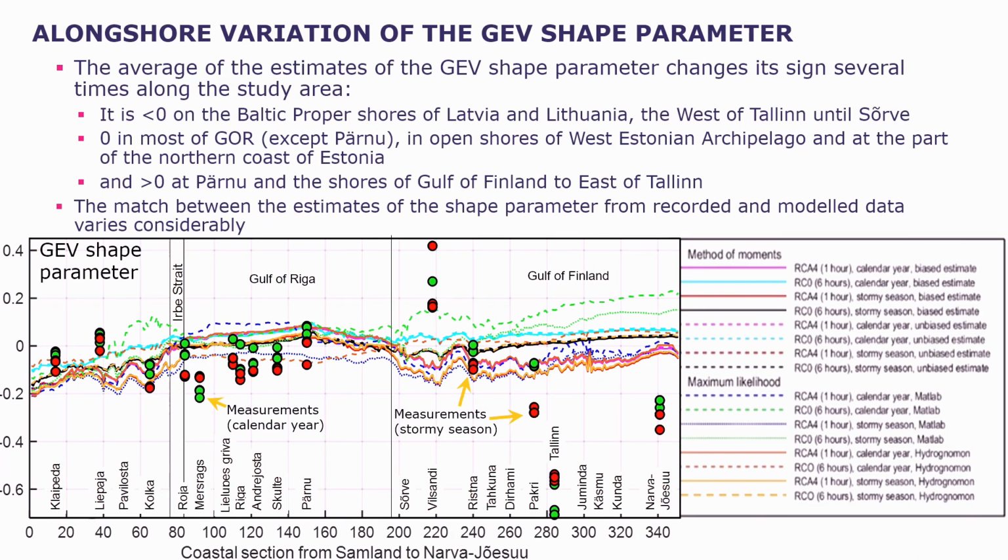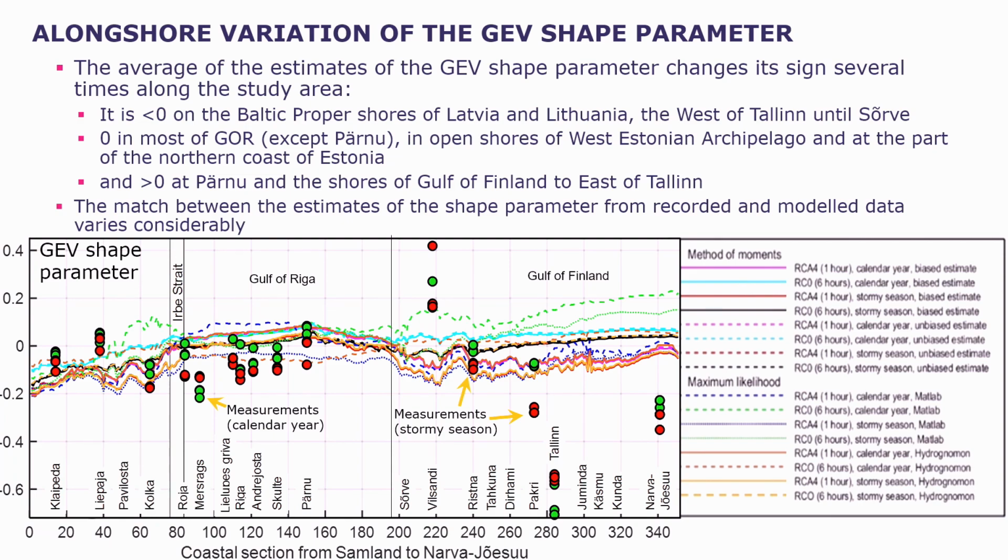And the different estimations for the GEV shape parameter in most of the coastal regions do not match well, but the average of these estimations changes its sign several times along the study area, crosses the 0 line. It's maybe not perfectly visible everywhere here, but the average is below 0, negative, on the coasts of the Baltic proper shores on the left side of the figure, and also at the west of Tallinn until Sõrve.